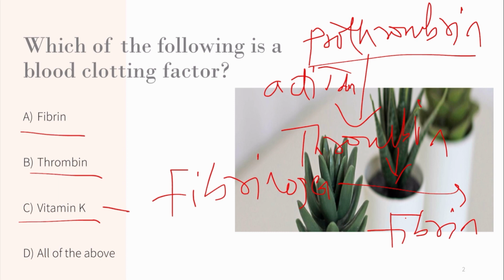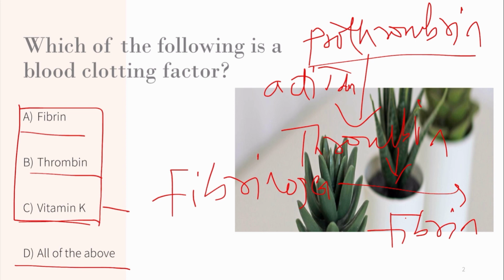Fibrin threads accumulate and clump to form blood clots at the wound site. Basically it doesn't allow bleeding; it prevents excessive bleeding. So all three components are major parts of blood clotting. The correct answer here is all of the above.